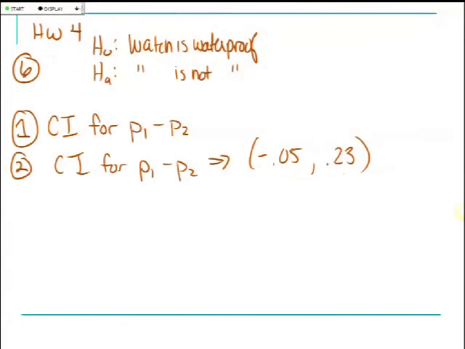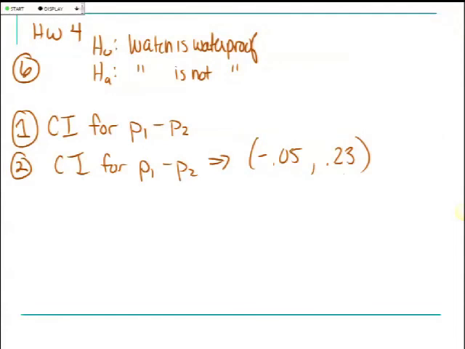0. What would it mean if P1 minus P2 could be 0? That means those two proportions really could be the same, no difference. And so one of the questions is talking about whether you have a significant difference or not. And you're really looking to see whether 0 is reasonable or not, and is 0 in our interval? Yeah.